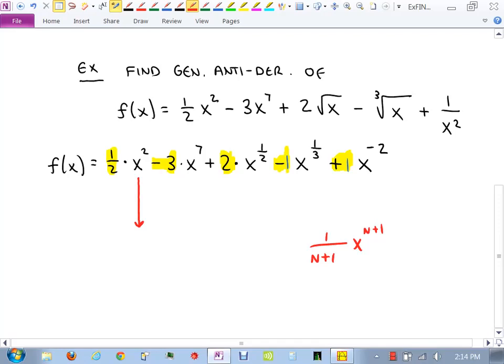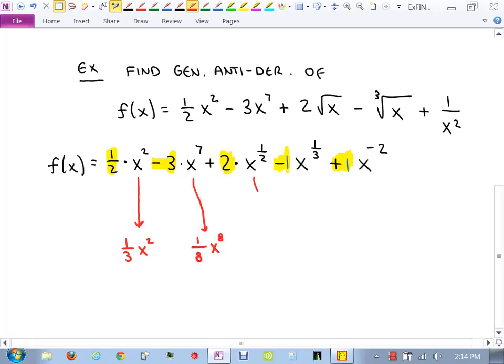So 1/3 x cubed. All right, let's now look at this one right here. What's the antiderivative of x to the 7th? 1 over 8, x to the 8th.